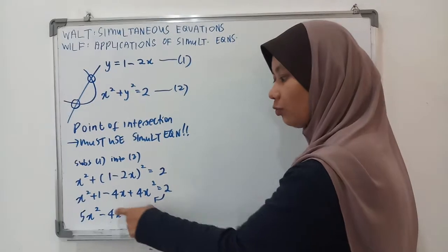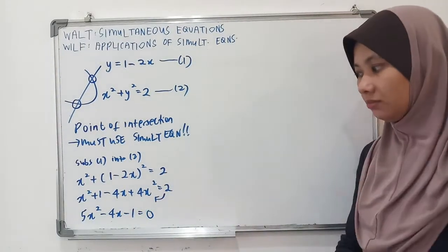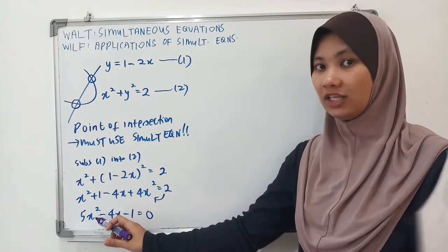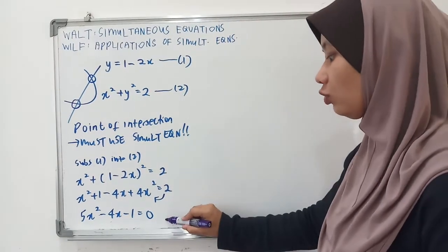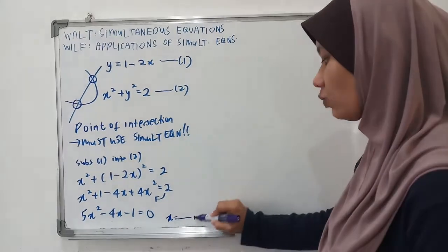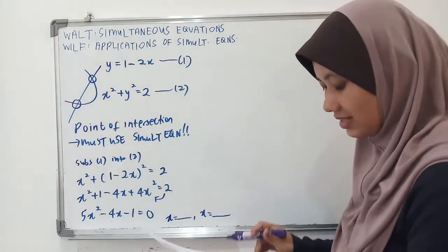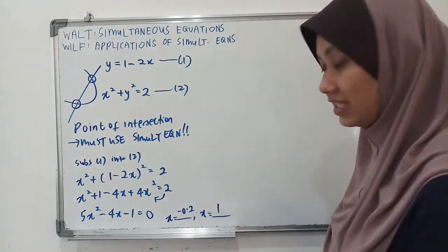How do I get negative 1? 1 minus 2 gives negative 1. When you have a quadratic equation, how do you find your x? Use EQN on your calculator straight away and you will get 2 values of x. The first is negative 0.2, and the second one is 1.